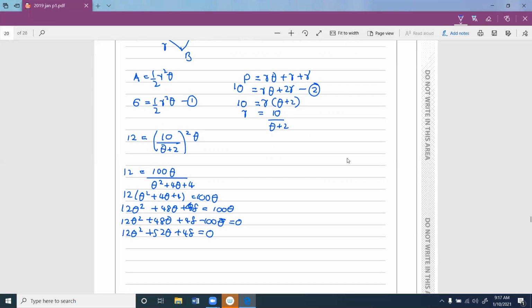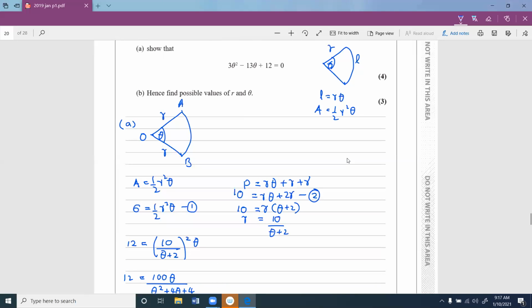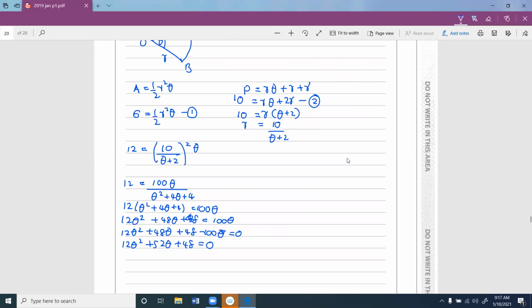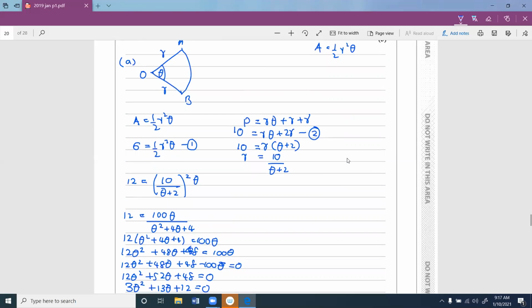Then you can see all the terms are divisible by 4. Yes, all the terms are divisible by 4, so we get 3 theta squared plus 13 theta plus 12 equals 0. I think that's the expression they want us to find.